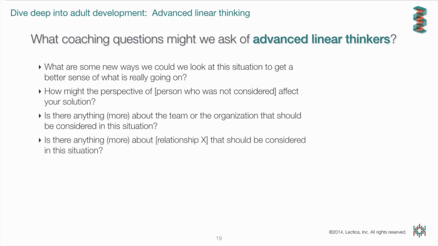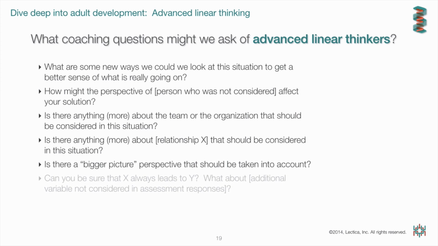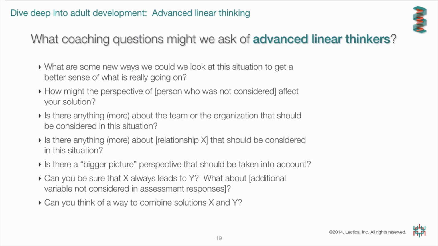Is there anything more about relationship X that should be considered in this situation? Is there a bigger picture perspective that should be taken into account? Can you be sure that X always leads to Y? What about additional variables not considered in the assessment responses? Can you think of a way to combine solutions X and Y?